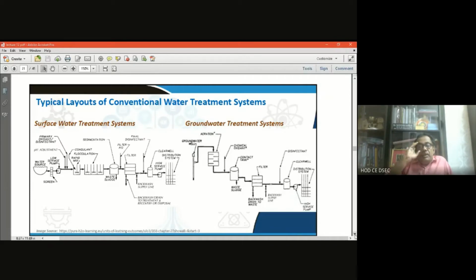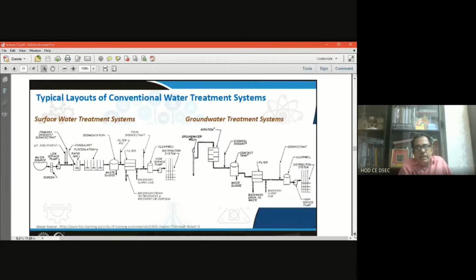Now, one by one, I will discuss the treatment units, either the physical units or the processes. Physical unit means where physical operation takes place, process means where chemical processes are taking place. That will be discussed in detail, each and every unit, how it will perform in the water treatment system. So let us discuss the following things.